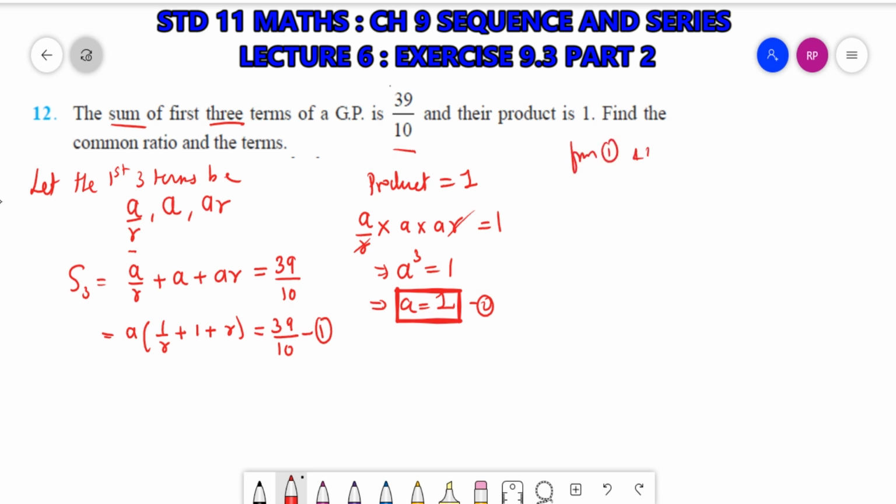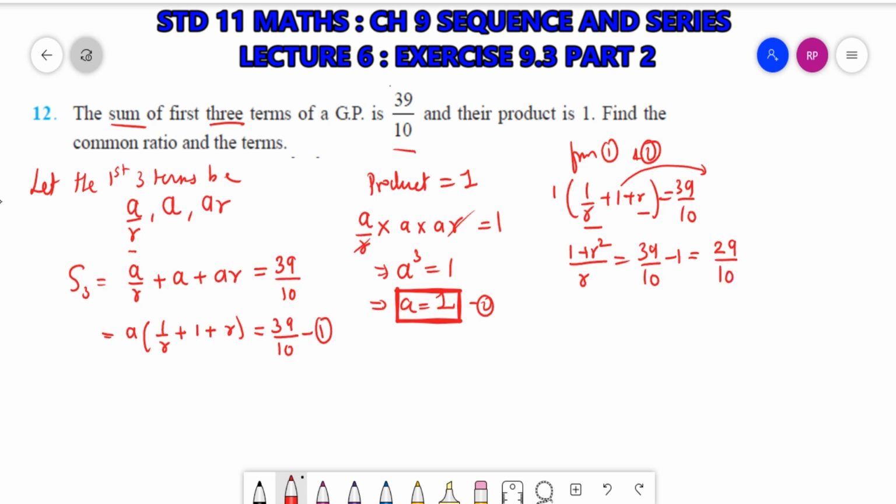From 1 and 2, 1 into (1 by R plus 1 plus R) equal to 39 by 10. So 1 by R plus R, I will take LCM. So 1 plus R square, and this will be 39 by 10. 1, I will take on the other side, so that will be minus 1. 39 minus 10, that will be 29 by 10. 1 plus R square by R equal to 29 by 10.